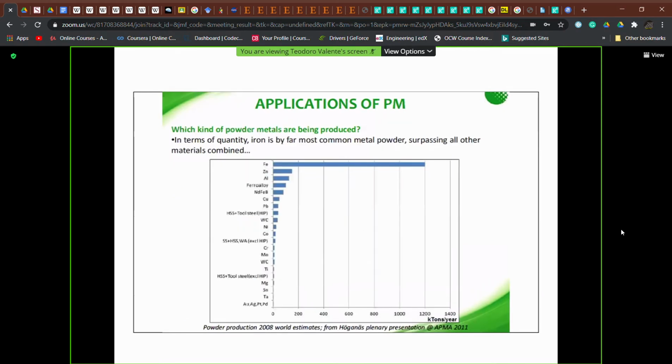Which are the powders which are most produced to be used for powder metallurgy techniques? In terms of quantity, as you see from this graph, even though it's not updated to now, the relative quantities have not been modified.